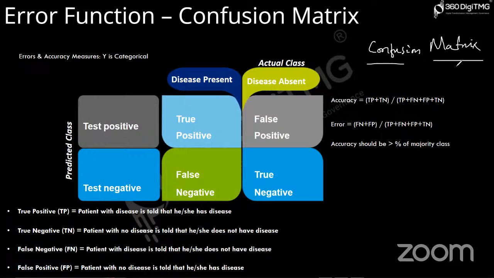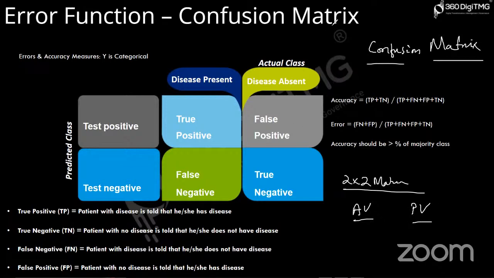So what is this confusion matrix? A confusion matrix is a 2 into 2 matrix which tries to find the relation between actual value and predicted value: how close our predicted values are to the actual values.